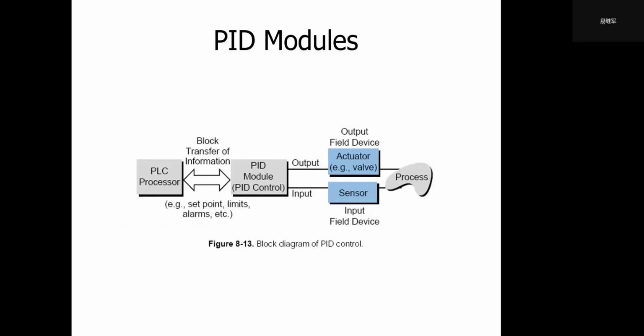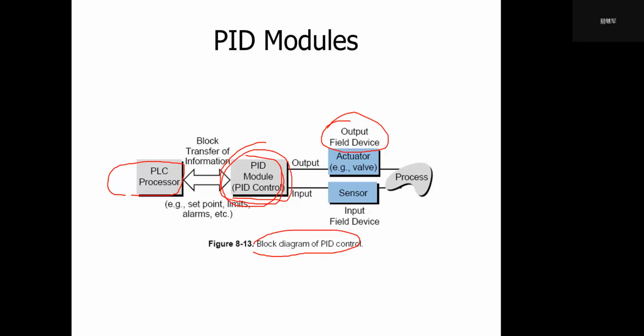This is a block diagram of PID control. The signal from the processor is given to the PID module. The PID module calculates the equation and outputs the result to the field device. At the same time, the input is sensed from the field devices.